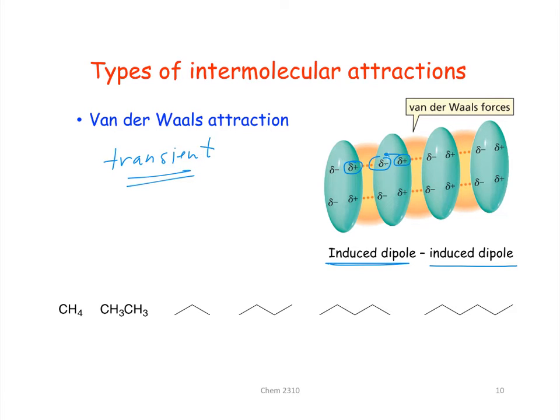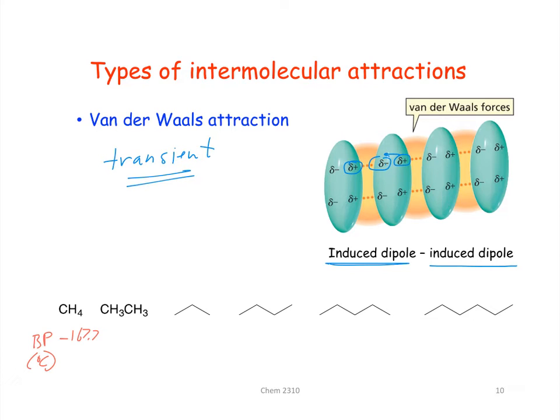So let's just look at what the boiling points are of these different molecules. Here we have a series of molecules, increasing number of carbons. If we look at methane, its boiling point, these are all in degrees Celsius, is minus 167.7 degrees. So it's very low, right? So it's always a gas.